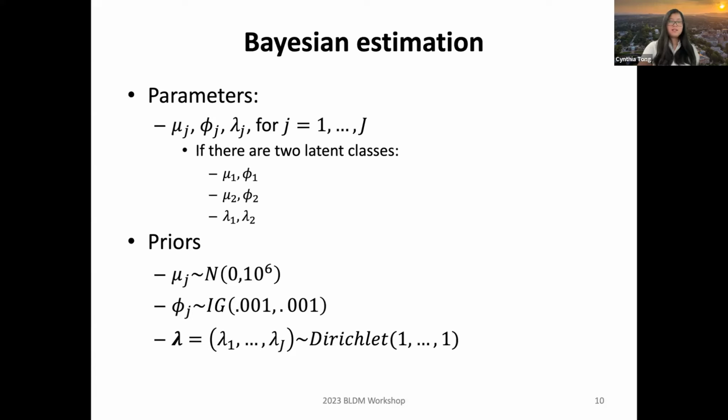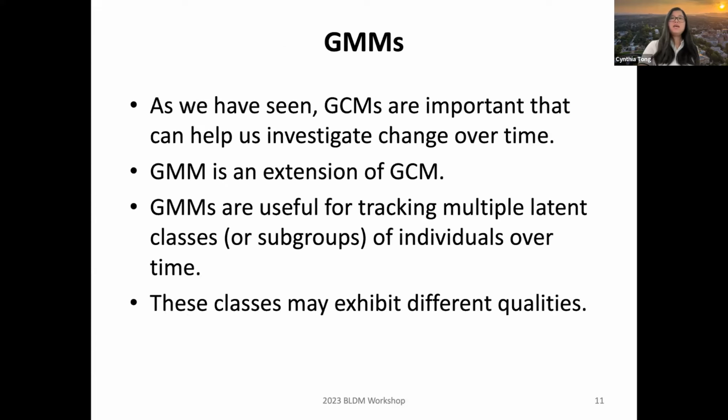Okay. So far we've talked about the general ideas of mixture models, and growth mixture models are just a type of mixture model. As we have already seen from part 1, growth curve models are important because they help us investigate change over time.